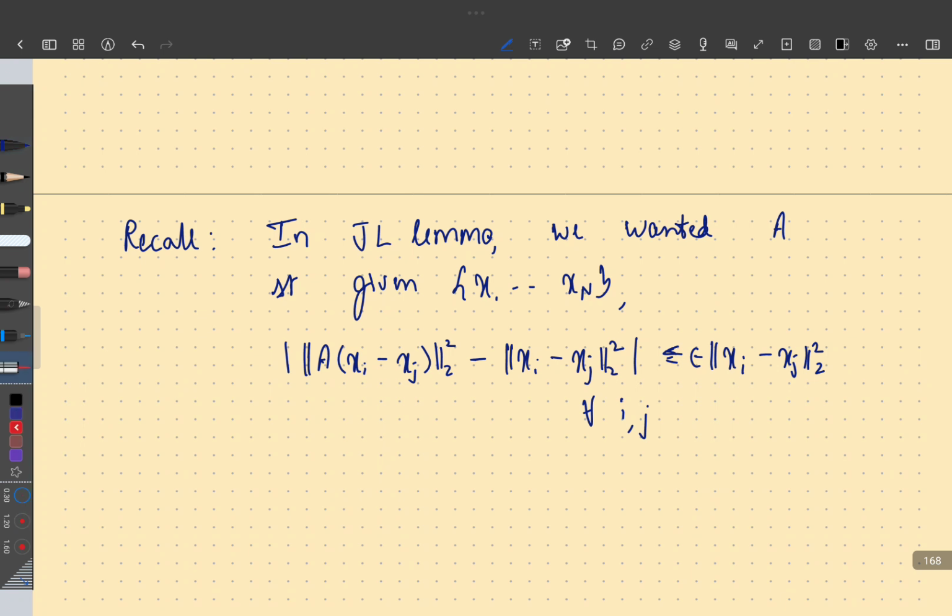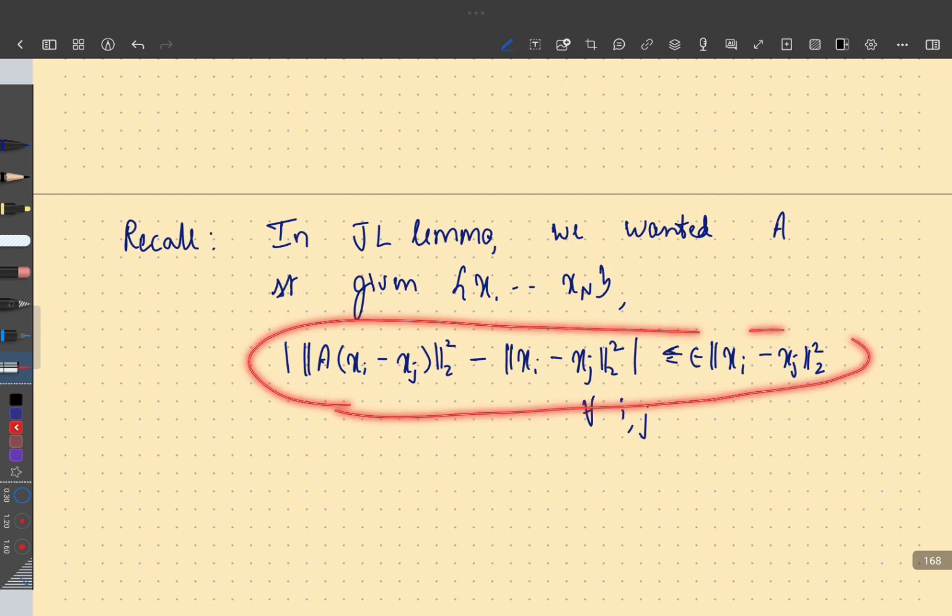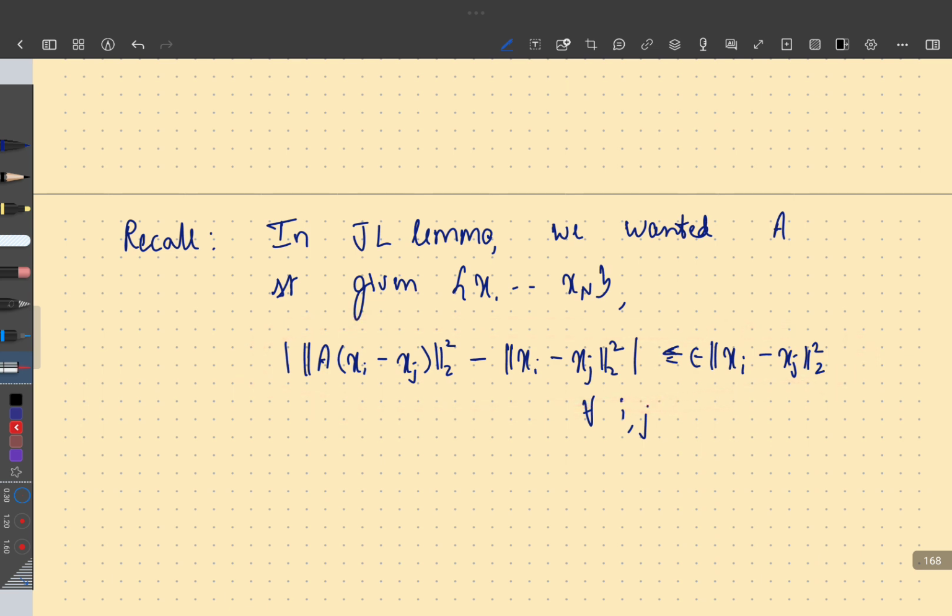If you recall the proof technique that was used, we essentially just used sub-Gaussian concentration. We took A to be a matrix with IID sub-Gaussian entries and showed that for any fixed pair xi, xj, this holds true with very high probability. We derived an upper bound on the probability that this does not happen.